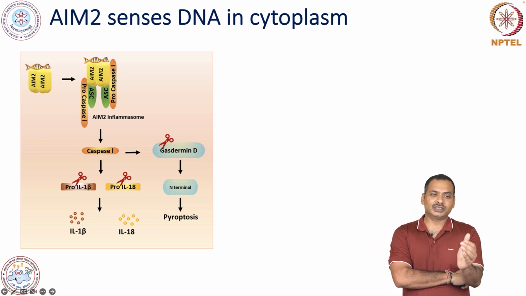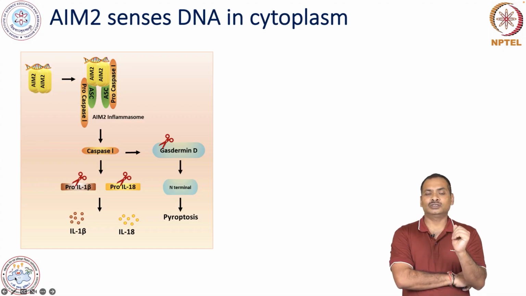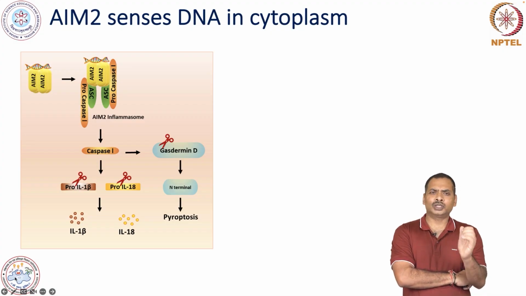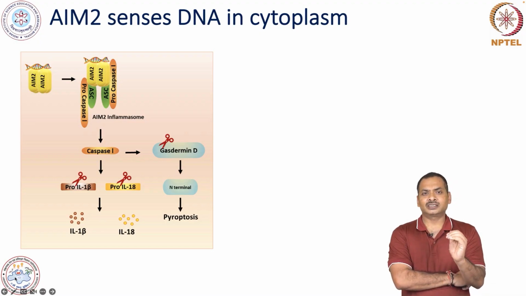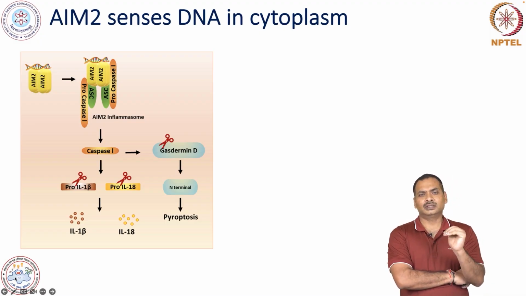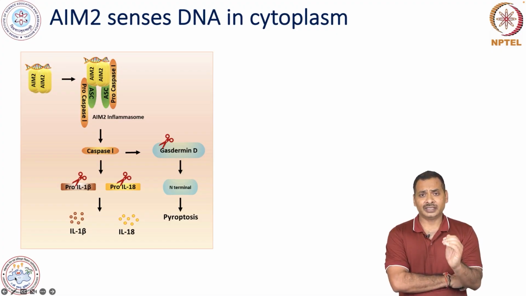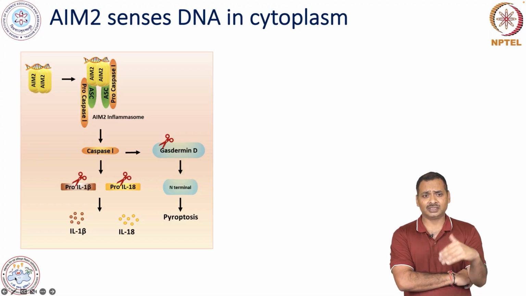Here you can see that pro IL-1 beta is cleaved, producing IL-1 beta, and pro IL-18 is cleaved, producing IL-18, which is the active form, and this is secreted.